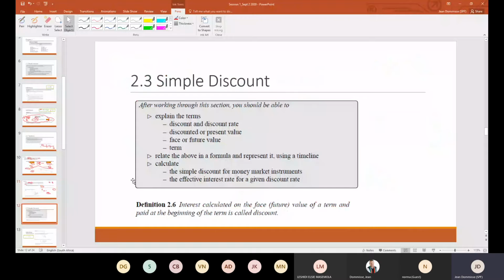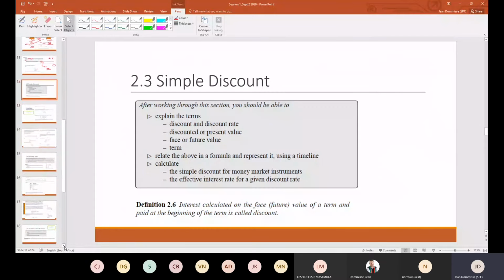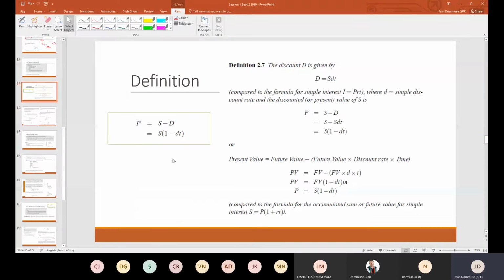So then we get to simple discount. Again, this is just for background. It is out of your study guide. But for the discount, there's another formula, and I think that again is important. So out of the explanation of the definition, the discount formula basically look at, you still have your present value. So again, the P stands for the present value.